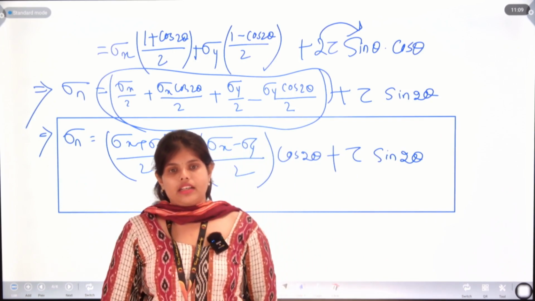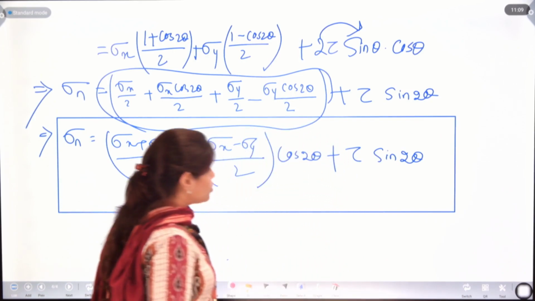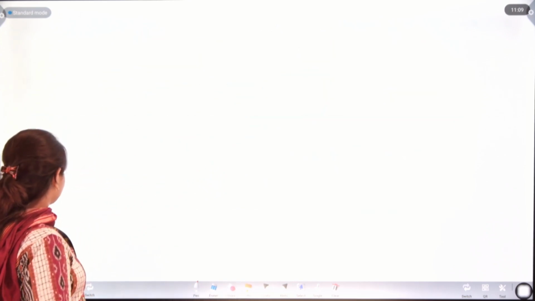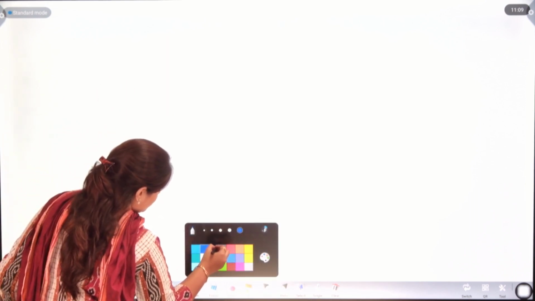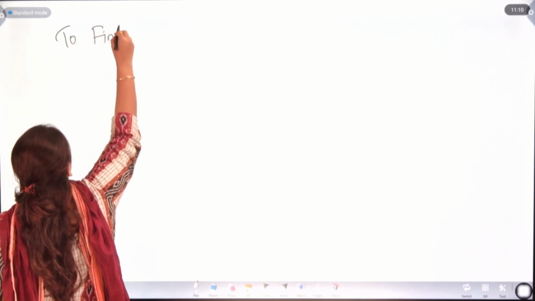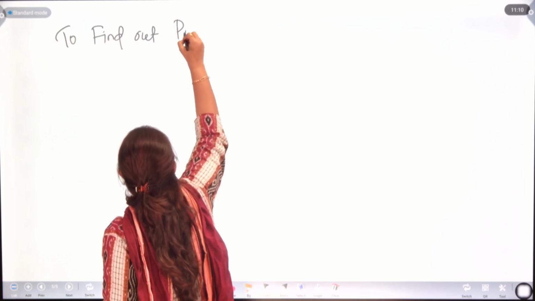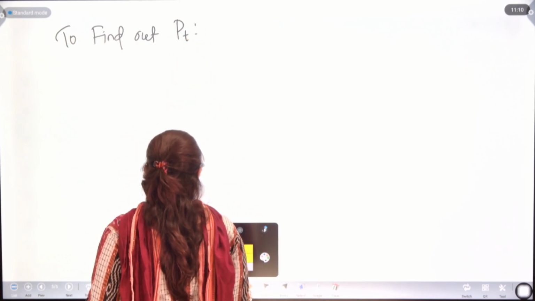sigma n, right? Also we need to find out the tangential stress. Now, let's just change the color, okay, to find out the tangential stress sigma t, or else you can write tau.